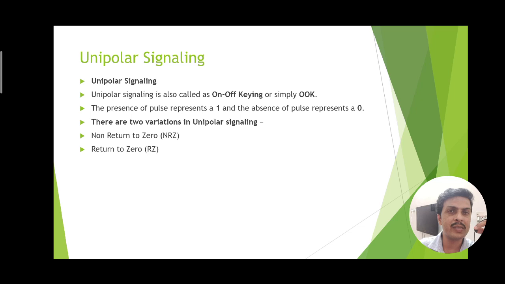So it is the amplitude which is varying, that means either positive magnitude or negative magnitude, but both cannot be present. That means only a single polarity is allowed. The presence of a pulse represents logic 1 and the absence of a pulse is logic 0.